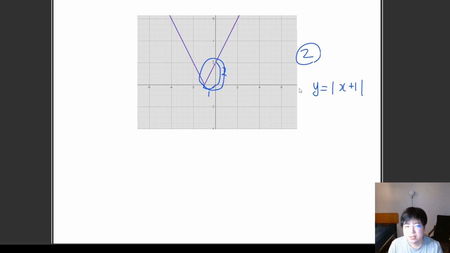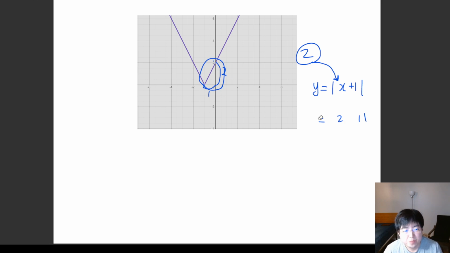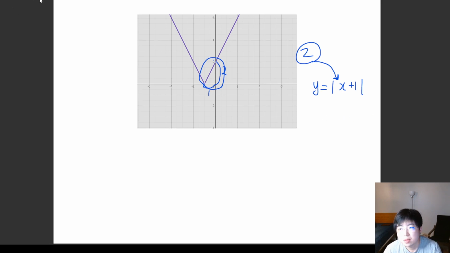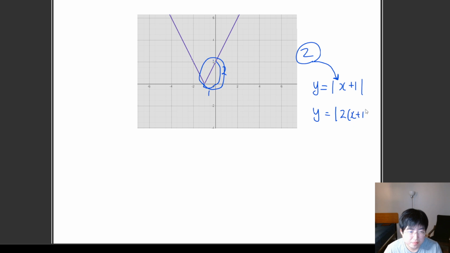Then how can I describe that? Because the slope is 2, I'm going to multiply this number to the entire portion inside of the absolute value. So be careful, this is not going to be y equals absolute value of 2x plus 1. Instead, it is going to be y equals absolute value of 2 times parentheses x plus 1.